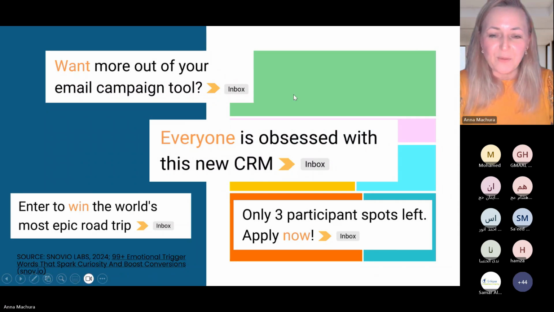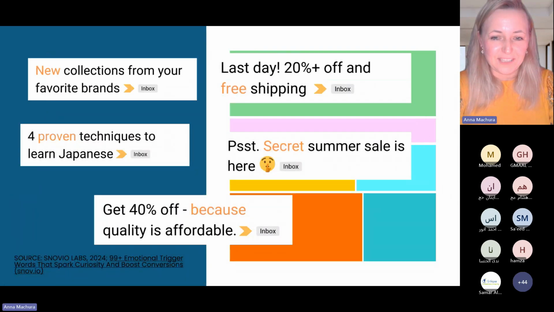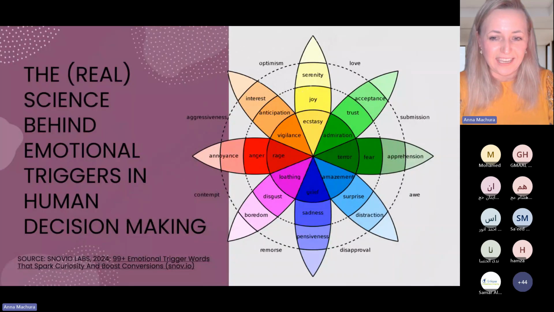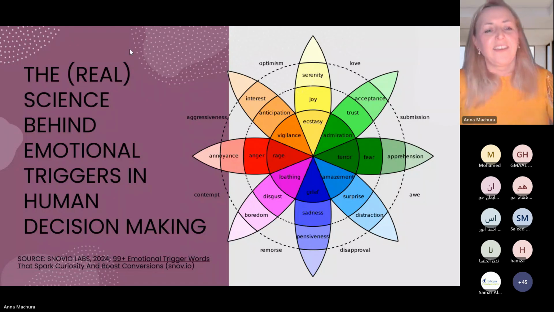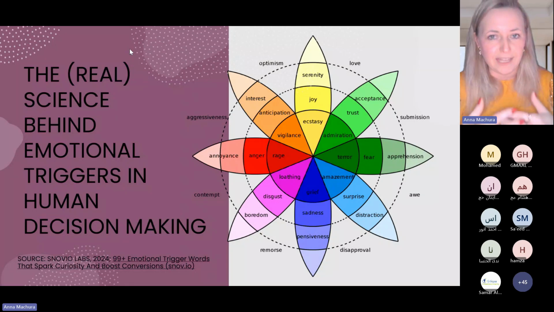So what is happening here? Let me go back to this. We have some basic emotions, and that's science now. You have your mental lexicon and, most importantly, your meta model, your core beliefs and values.